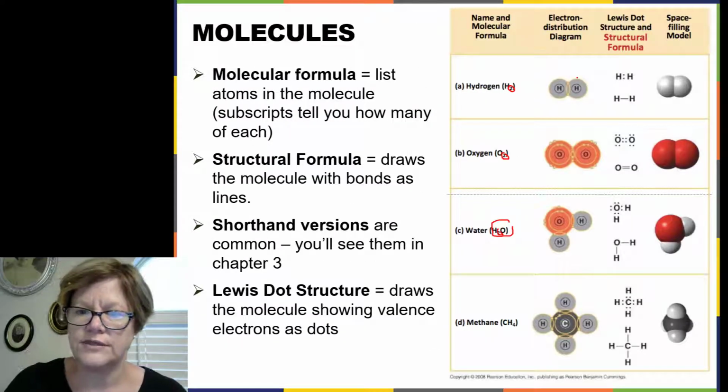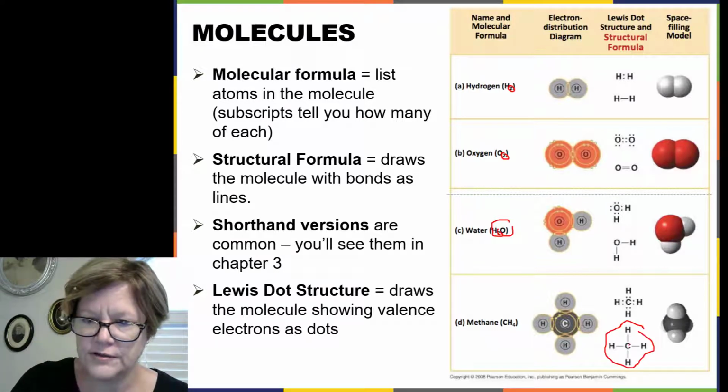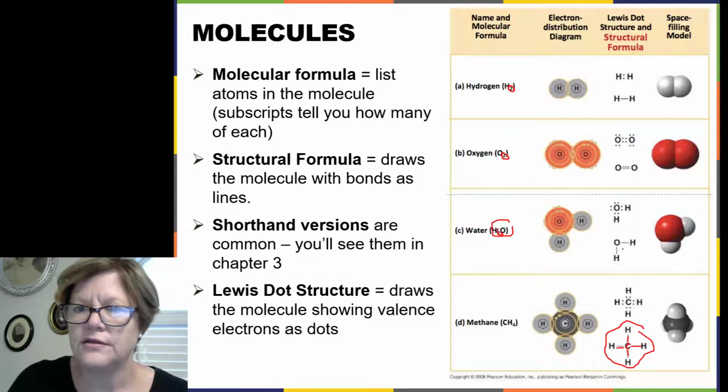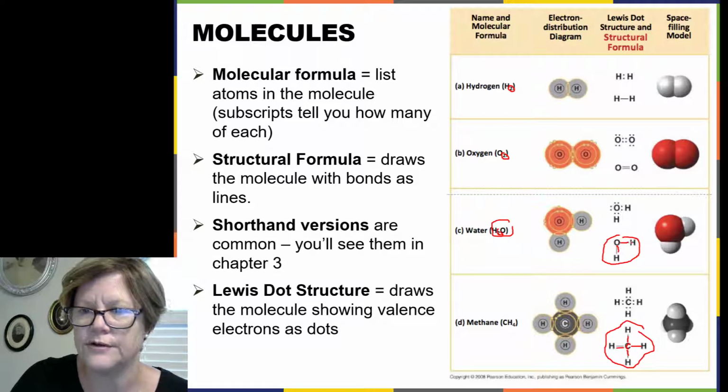And so when you look at something like methane, you know this is the correct structure because you should be able to draw or find 4 bonds coming out of the carbon, which you do. And then each of the hydrogens has 1 bond coming off of it. So it checks out. Oxygen, like in water, has 2 bonds, so that's correct. And each of the hydrogens has 1 bond.